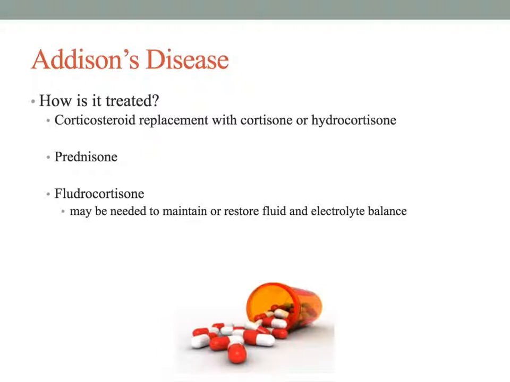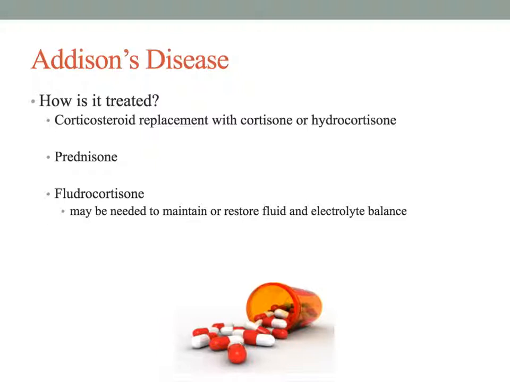In a patient with Addison's disease, it's important to educate them, especially if they're taking these supplements, that the dosages for these medications might change due to the stress that they're having in their life. Stressful situations may require increased cortisol levels, and that's what our adrenal glands typically are able to do.